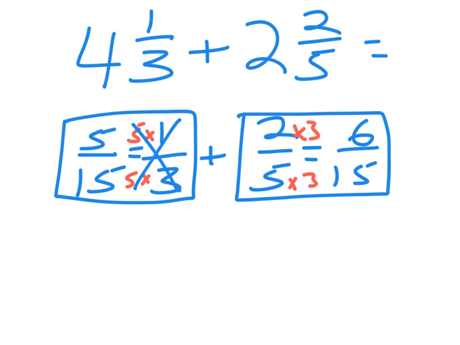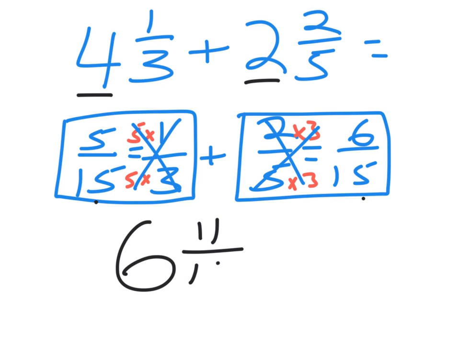Now, I've got my new fractions that I'm working with here, 5/15 and 6/15. So now I can go back and I can add the whole numbers. 4 plus 2 is 6, and 5/15 plus 6/15 is 11/15. Okay, so I just pull the fraction part out, do it like we did yesterday, and I separate the whole number part.